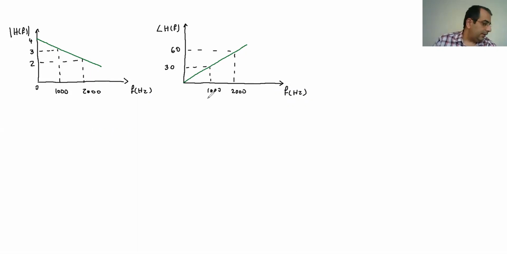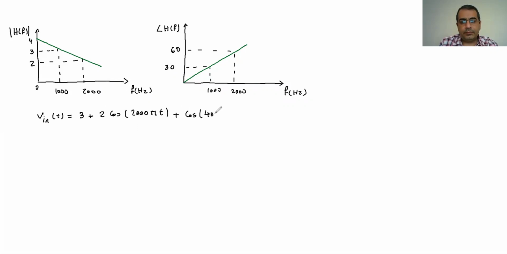So now I have it like that. This time I assume the input signal in the time domain is V equals 3 plus 2 cosine(2000 pi t) plus cosine(4000 pi t minus 70).